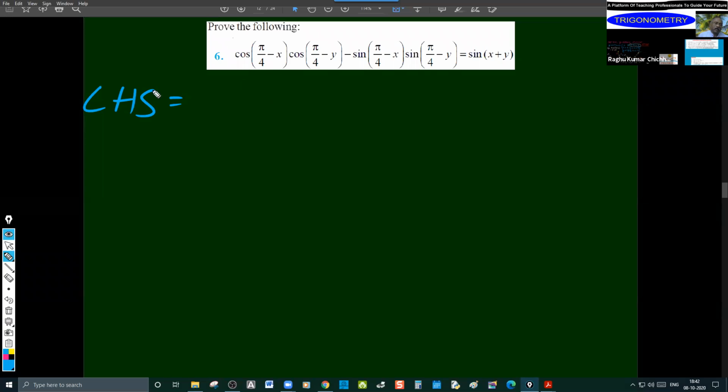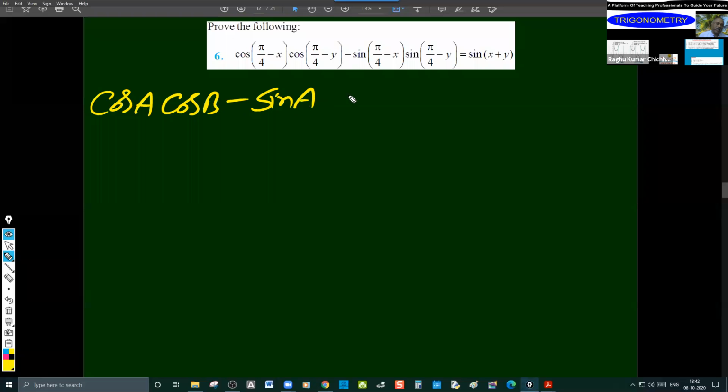For the sake of comparison, I'm writing the formula so that you will be more comfortable. The formula is cos A cos B minus sin A sin B is equal to what? Cos of A plus B. Correct or not?